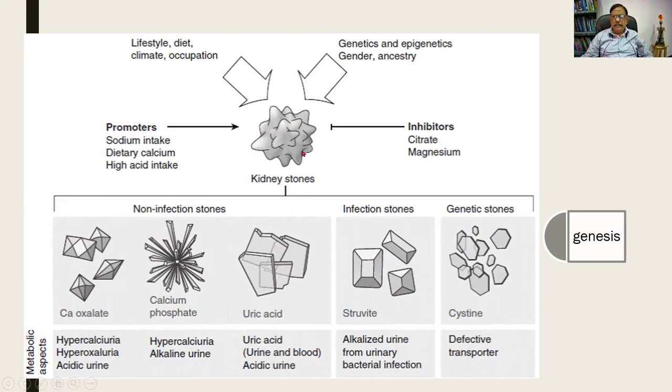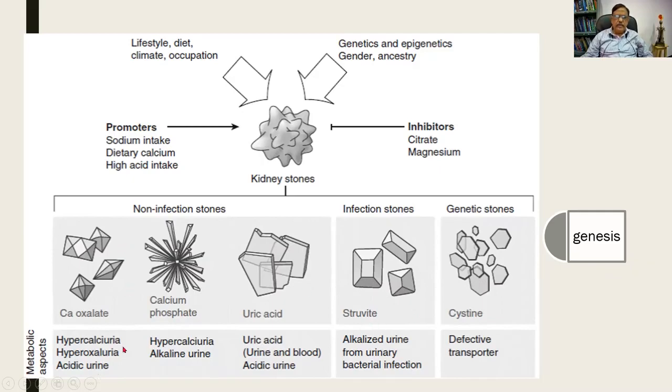Broadly, they can be divided into non-infection stones and infection stones. The non-infection stones are calcium oxalate, calcium phosphate, uric acid, and then the infection stones will be the struvite stones. Then there can be some genetic stones such as cysteine. And the mechanisms are mentioned.